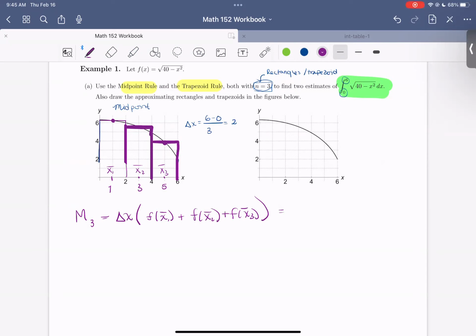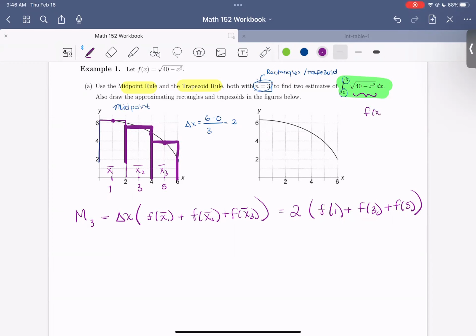Let's just fill in the values that we have. We know that delta x is 2, and x sub 1 bar is 1, x sub 2 bar is 3, and our final evaluation is at 5. In order to determine what these values are, we consult our integrand, our f of x function.